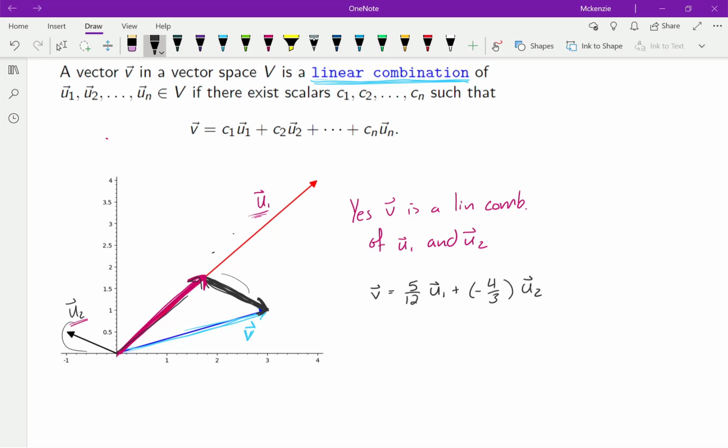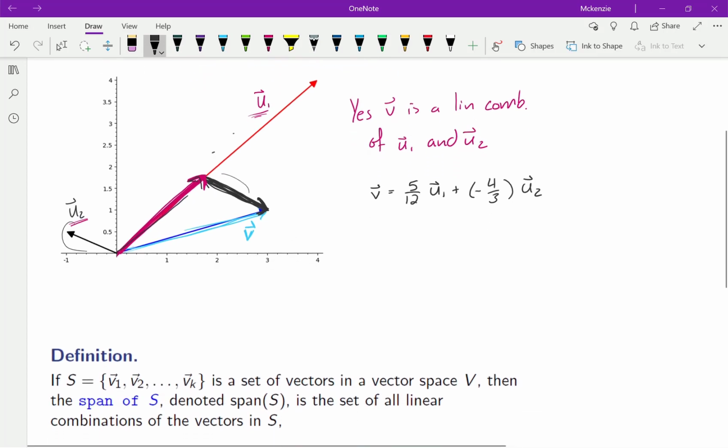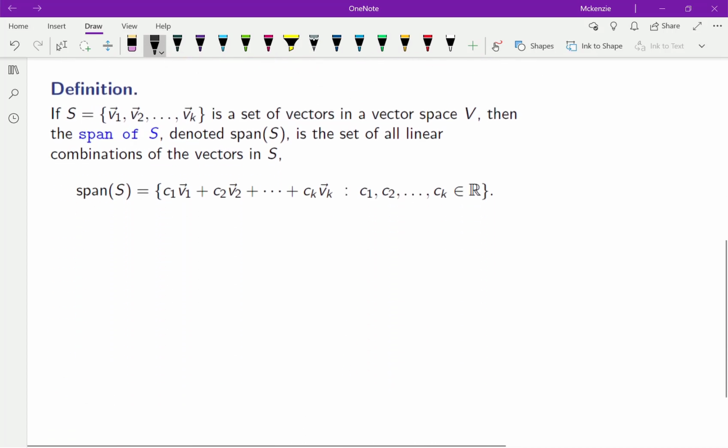So it's longer and going the opposite direction, which we did see. Okay, so again, between these two vectors, we could get to every single vector in two-dimensional space. So what we're going to say is that the span of these two vectors was equal to R2. So from our example, the span of our two vectors, U1 and U2, was all of two-dimensional space.